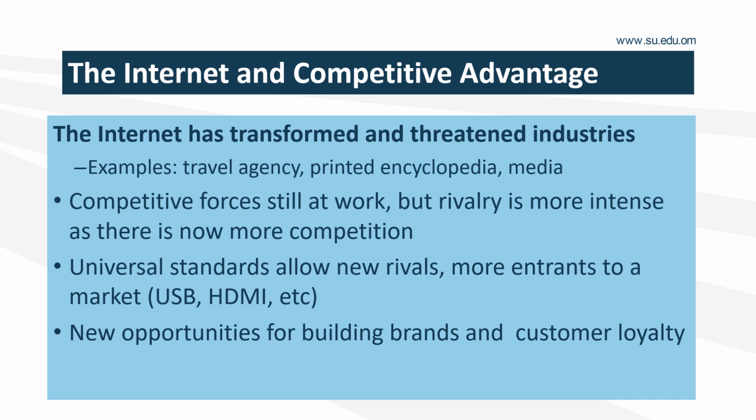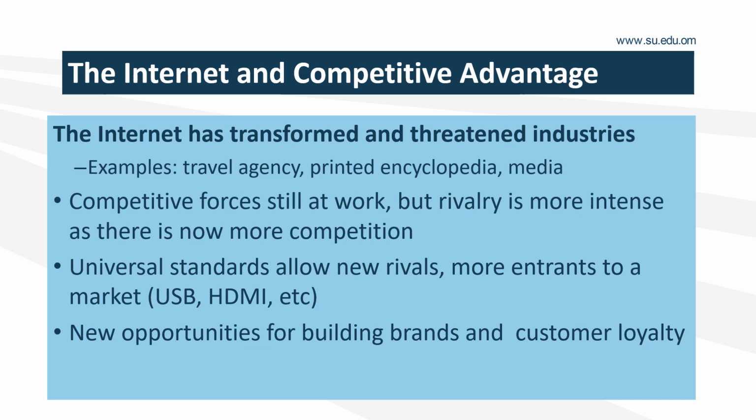Okay, now we look at the internet and competitive advantage. The internet has transformed and threatened industries, for example travel agencies, the printed encyclopedia, and media. Why have travel agencies been threatened by the internet?